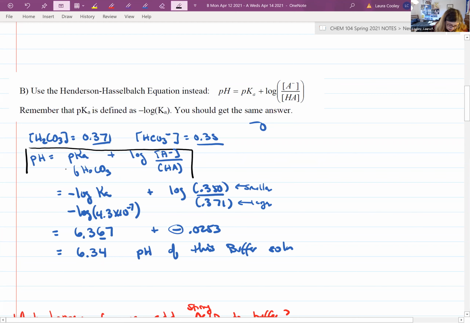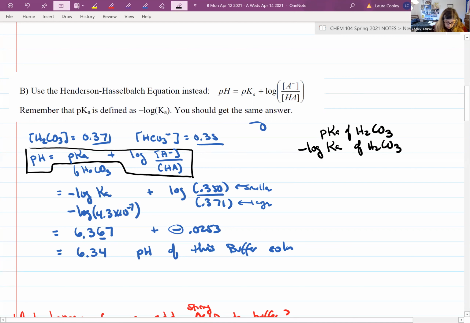Actually, the equation in general is just this. pH is equal to the pKa of the acid. That would be the pKa of H2CO3, which is the negative log of the Ka of H2CO3, which is calculated right here. So this is the Ka, and we take the negative log of it. And then we take the ratio of the concentration of the anion.